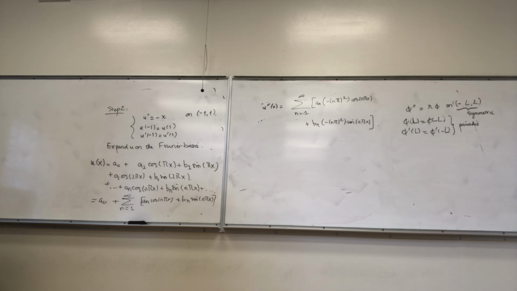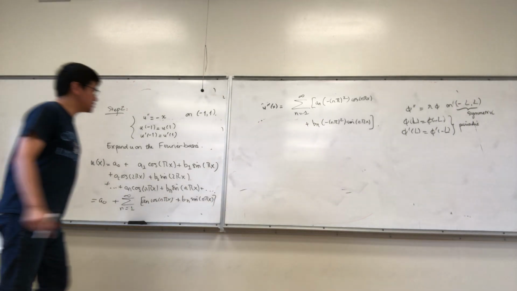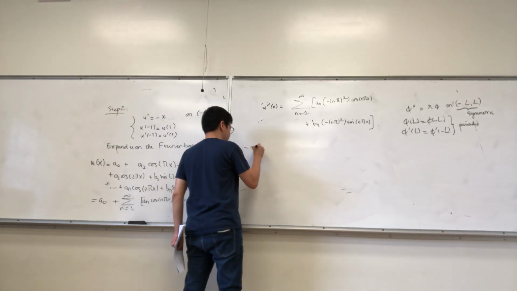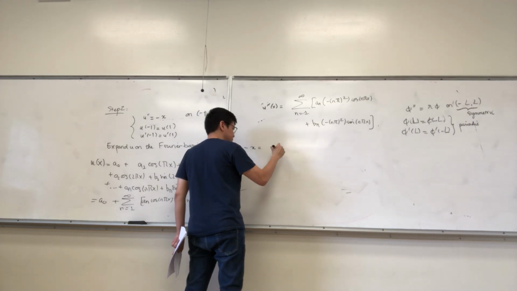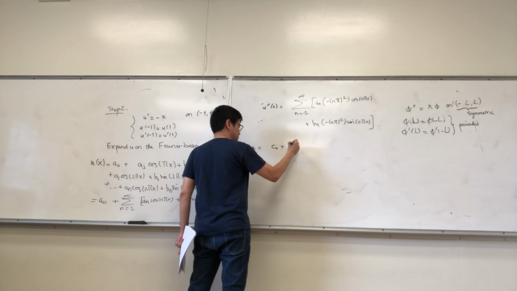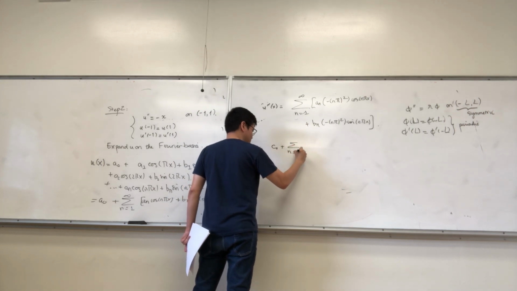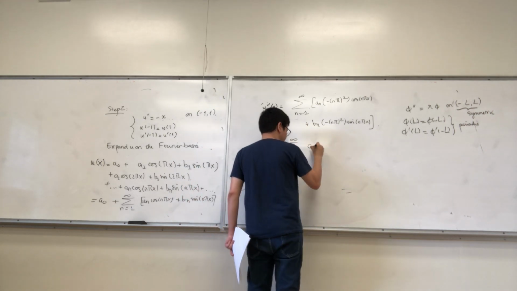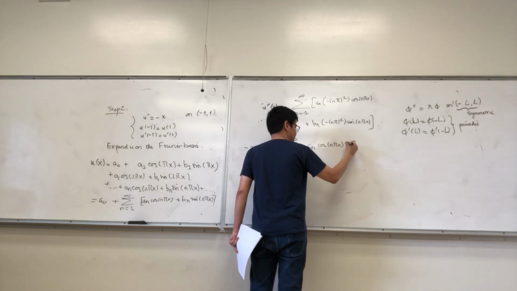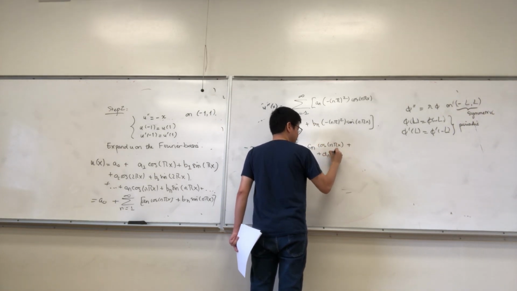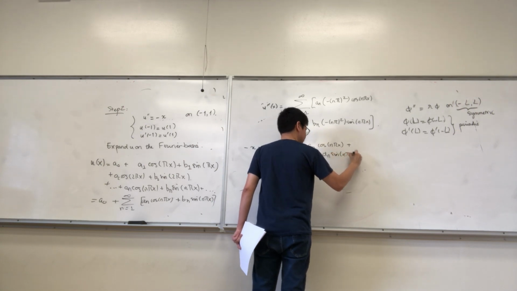Right? Now, the next step is to expand x on this basis, right? So you're going to have c0 plus the sum, when n is going from 1 to infinity, of cn cosine of n pi x plus dn sine of n pi x.